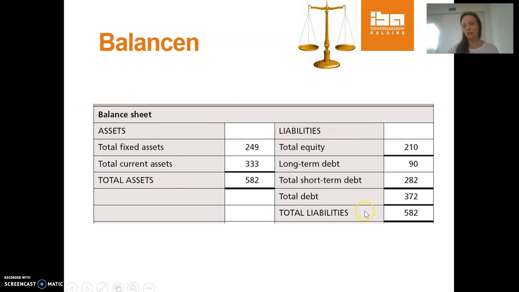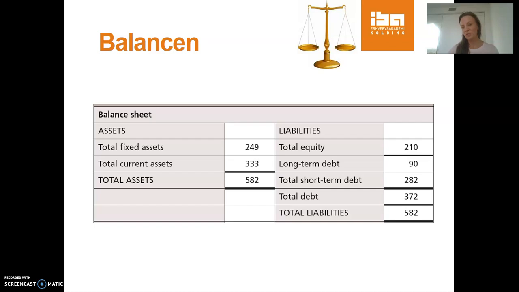On the right side, you see how the company has raised capital for these investments that they have done so far. Now, the liabilities are divided into two different kinds. Up here in the first, it simply says total equity, owner's equity, which would be internal financing, meaning that this type of capital is capital that the company, of course, owes to the owners, but they do not pay this capital back to the owners.